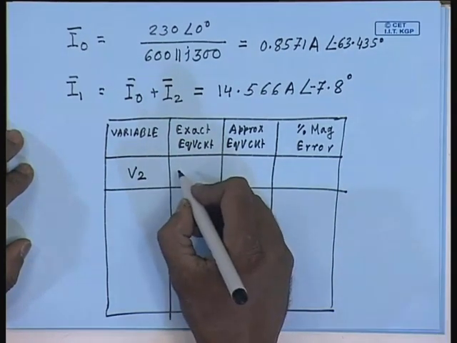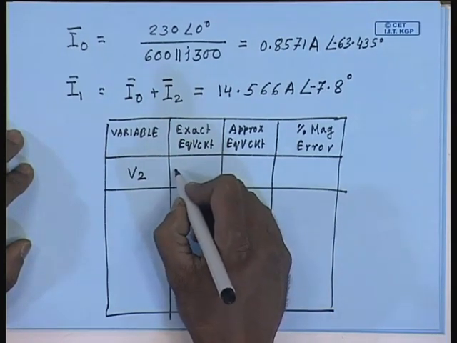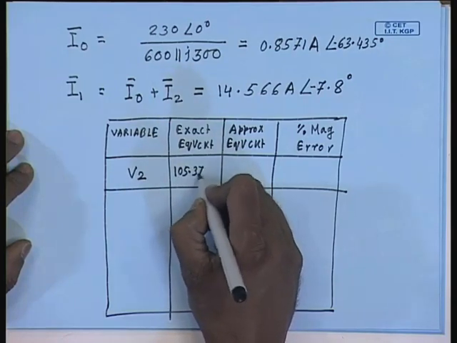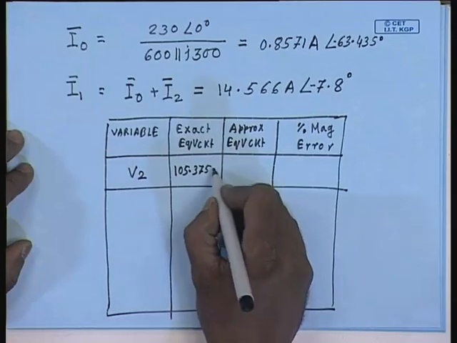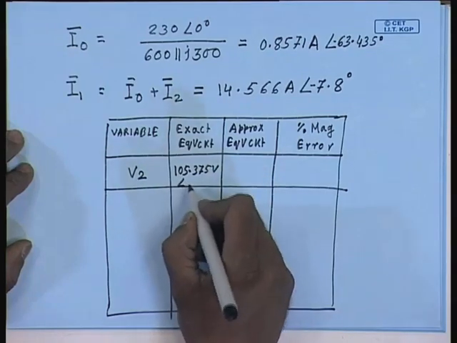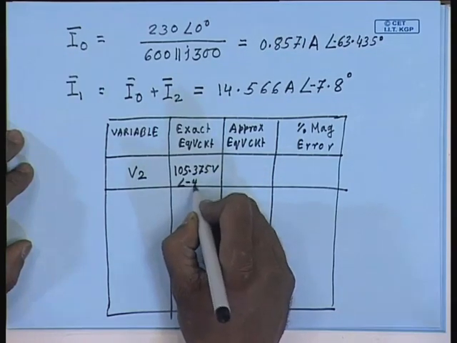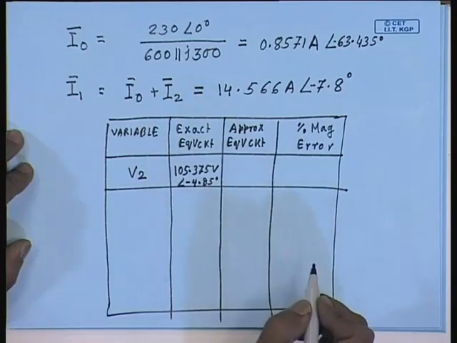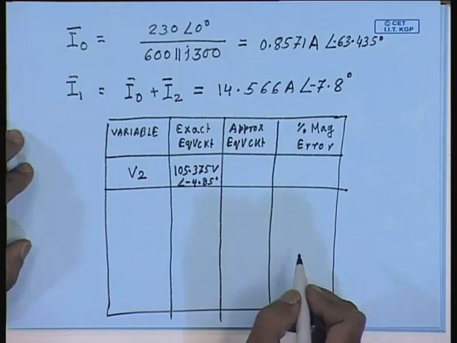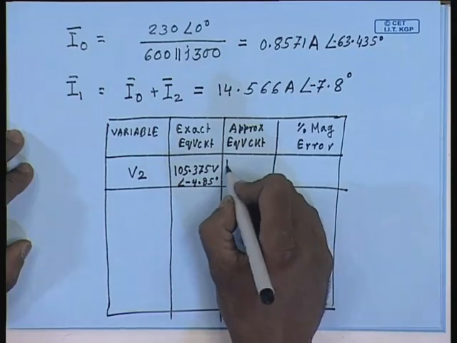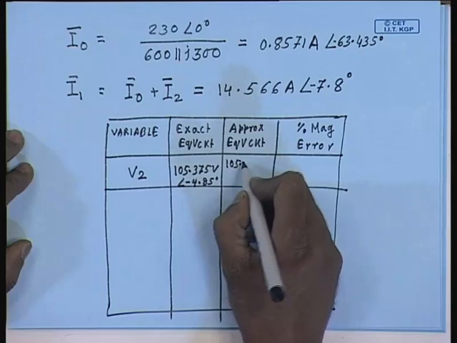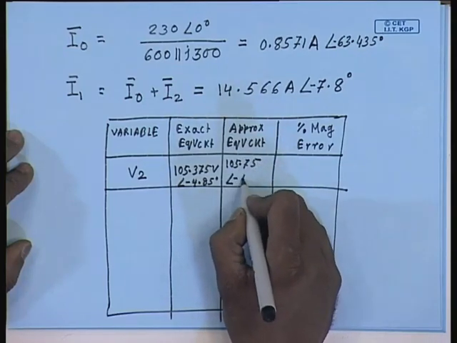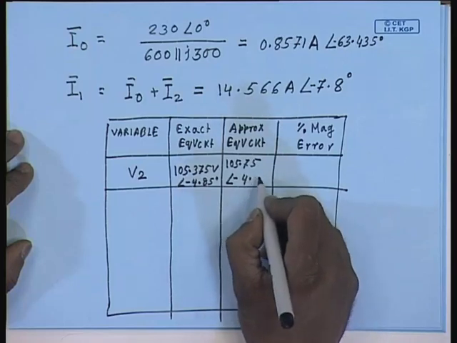The value we have got by exact equivalent circuit is 105.375 volt at an angle of minus 4.85 degrees, and from the approximate equivalent circuit we have got 105.75 volts at an angle of minus 4.924 degrees.